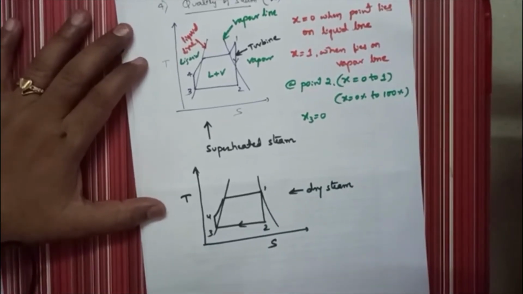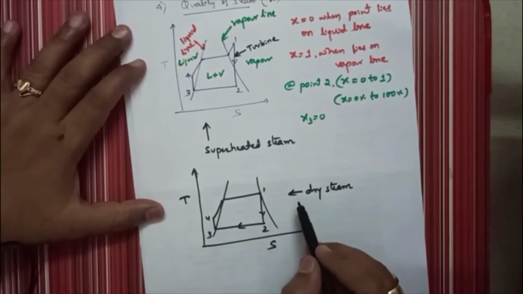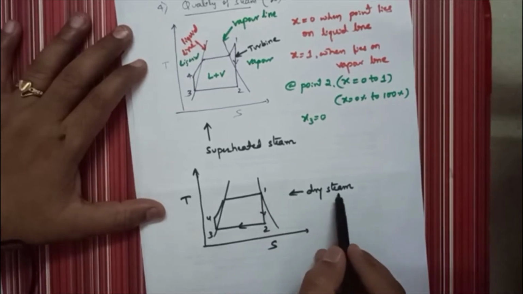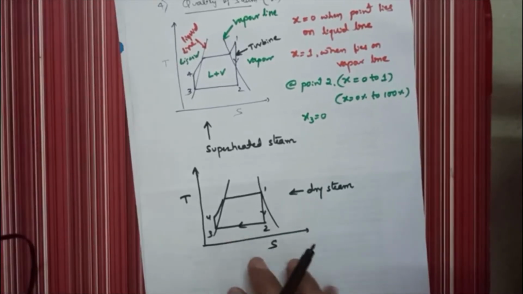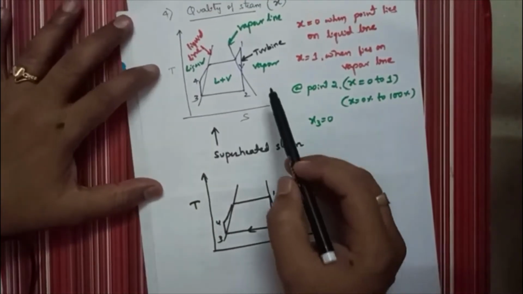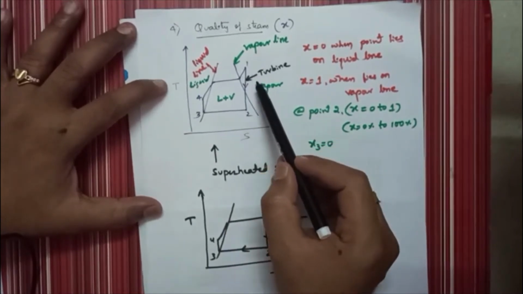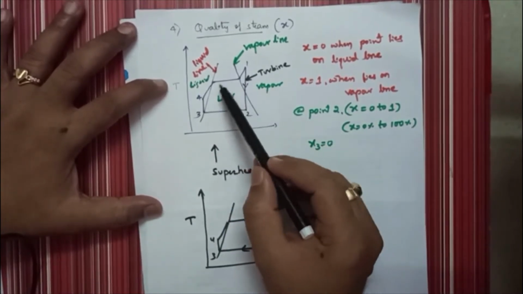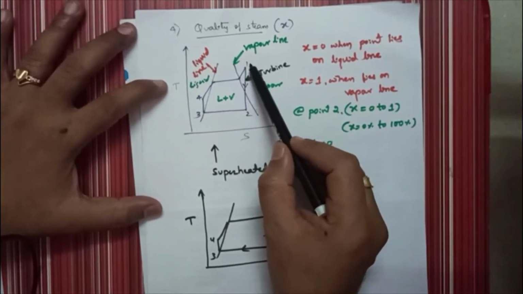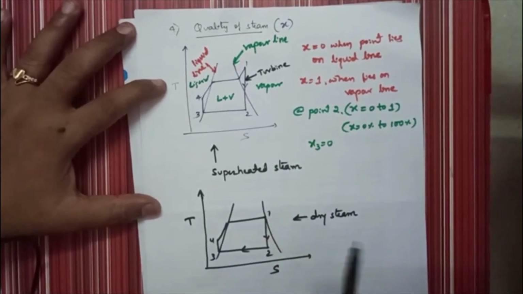In the numericals, the data will be given like this: the steam which is inlet to the turbine is dry steam. Then you have to draw this TS diagram. If the numericals say the quality of steam entering the turbine is superheated, then you have to draw that type of TS diagram, because the value of enthalpy at this point is different. Both are not the same.